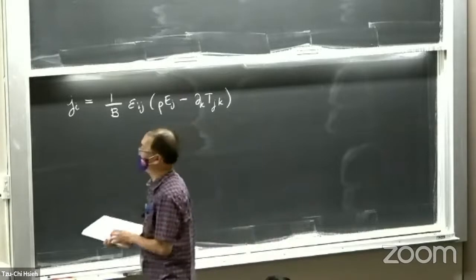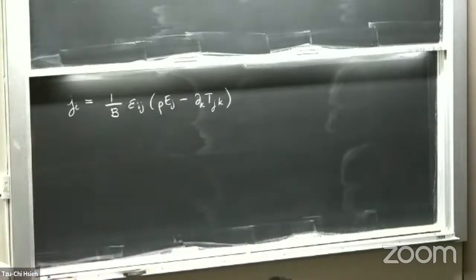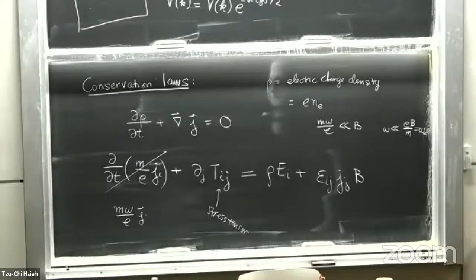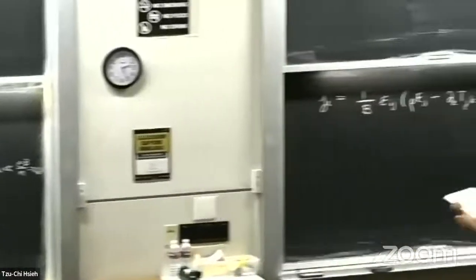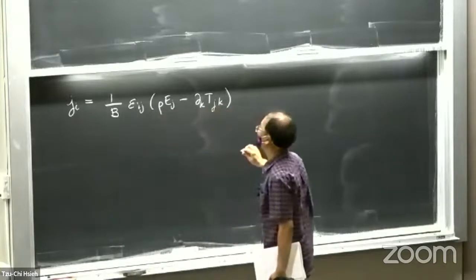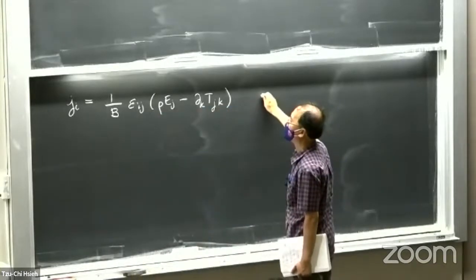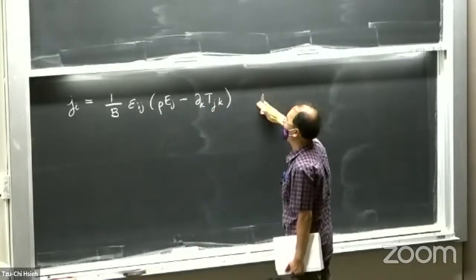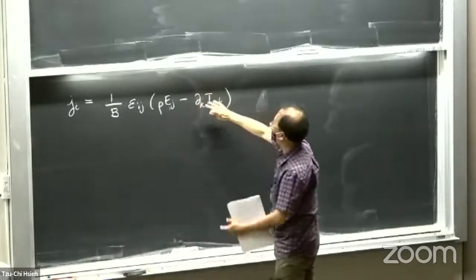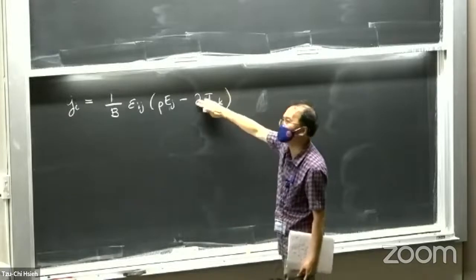Then what I can do is put it back into the first equation. Now I have eliminated the current. The current is no longer an independent quantity. But before doing that, let me make a comment here. From here, you can see one of the equations of the fractional quantum Hall effect, namely, if you have an electric field and everything is homogeneous, then this is 0.